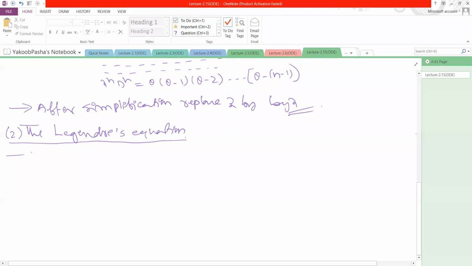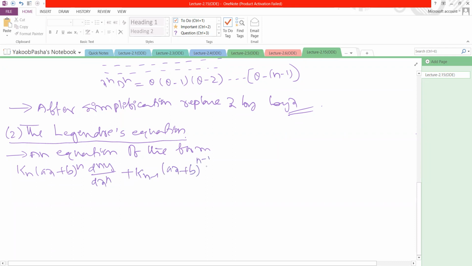An equation of the form Kn into Ax plus B whole power n d power n y by dx power n plus Kn minus 1 into Ax plus B whole power n minus 1 into d power n minus 1 y by dx power n minus 1 plus and so on, k1 into Ax plus B into dy by dx plus k naught into y is equal to q of x.